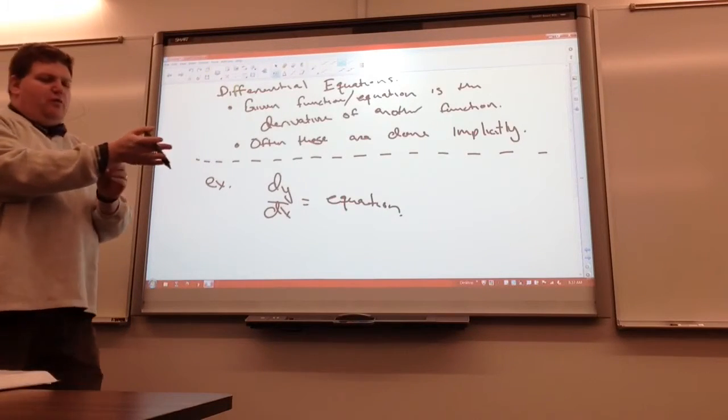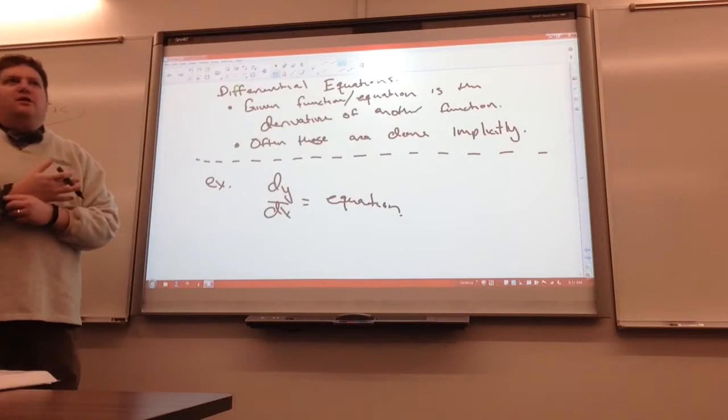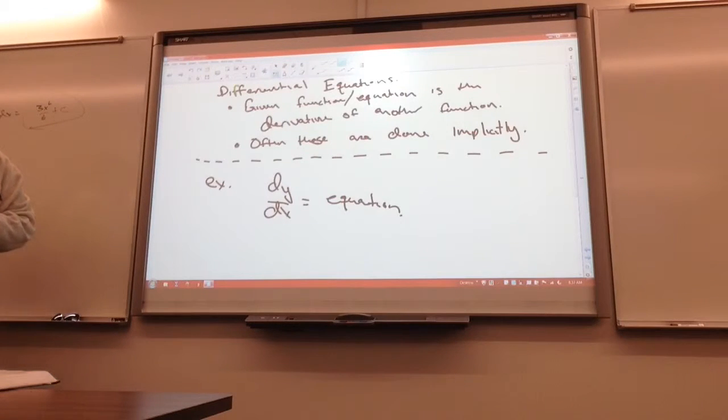The biggest use that we're going to have is to create something called a slope field, which is just what the slope of that particular equation will look like at any given xy coordinate. We'll make one up here in a second, okay? They're not that difficult at all, okay?